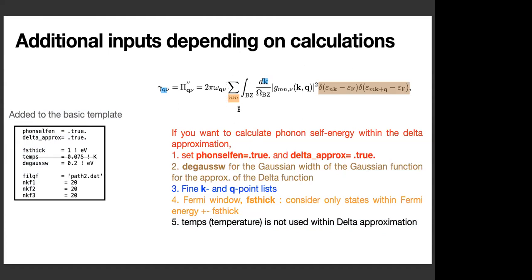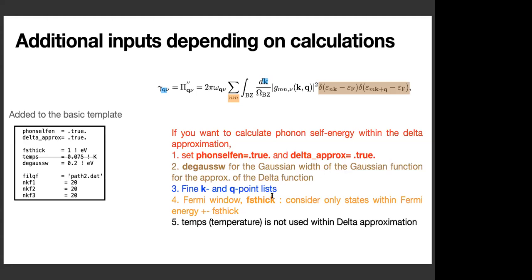And also, looking at this summation over the band states, you can introduce the Fermi window, such as the input keyword FSC.